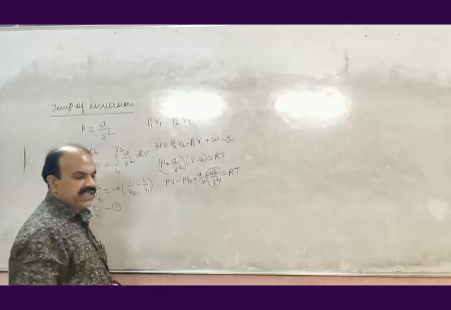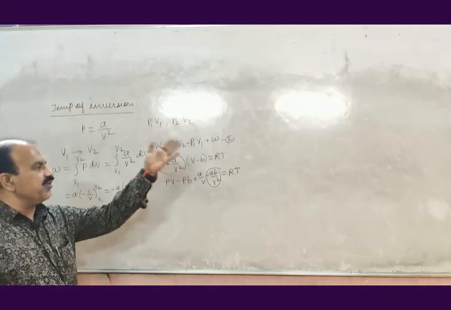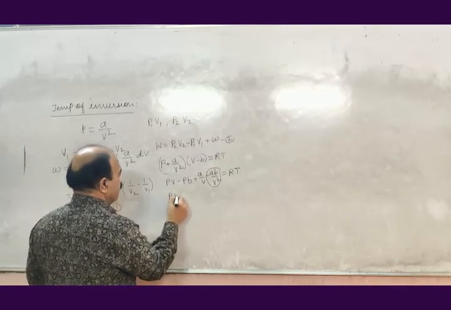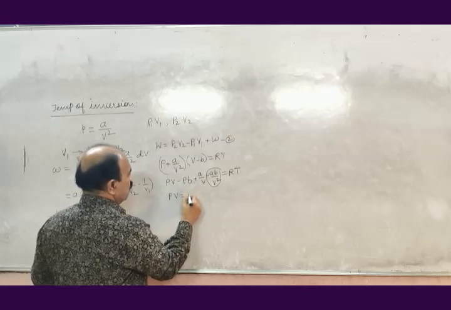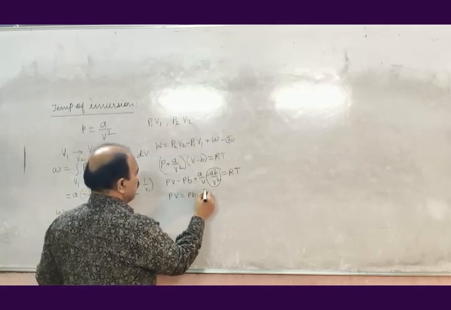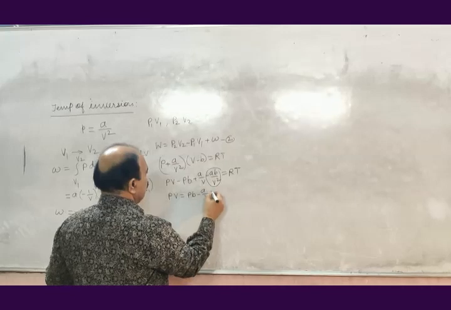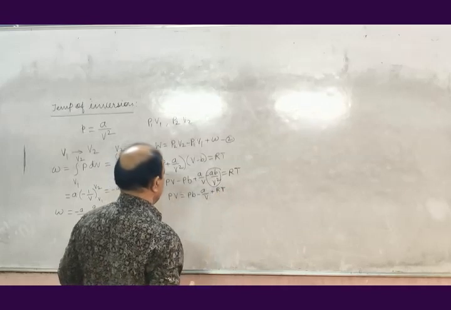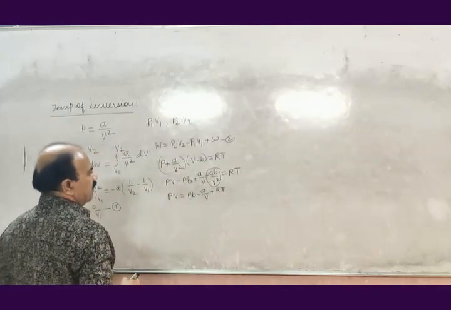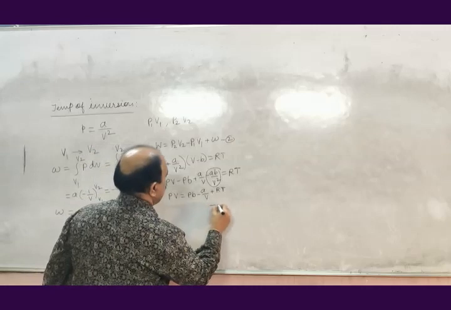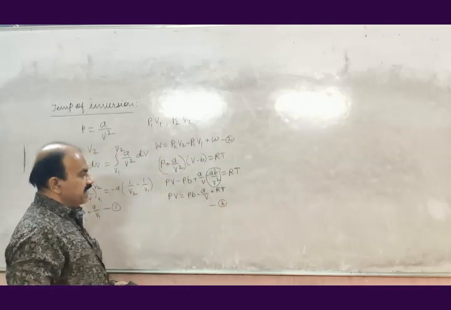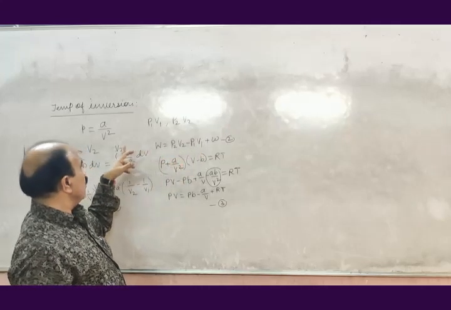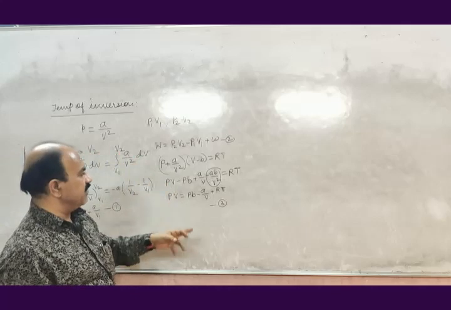This term is negligibly small, so let us ignore this term and write the remaining terms as PV is equal to PB minus A by V plus RT. Equation number 3.